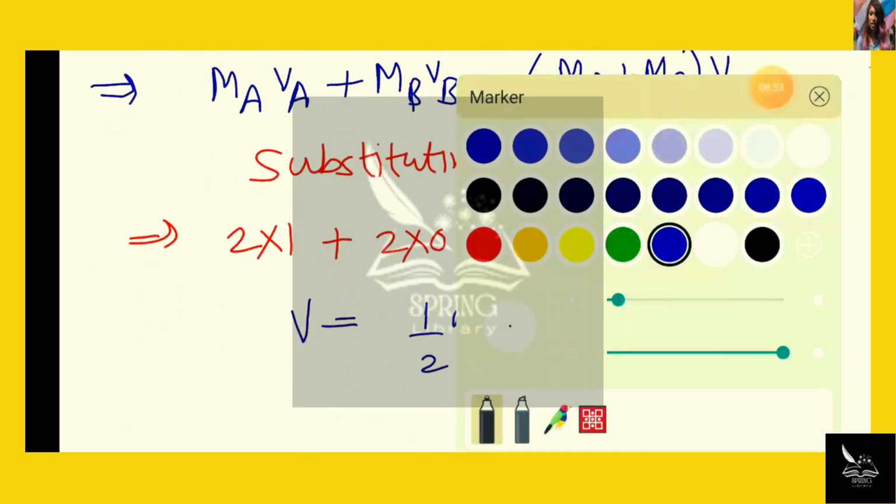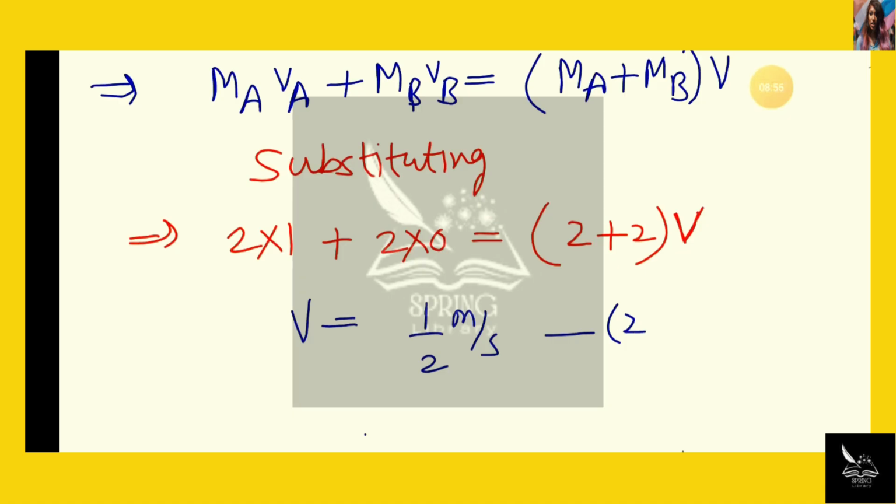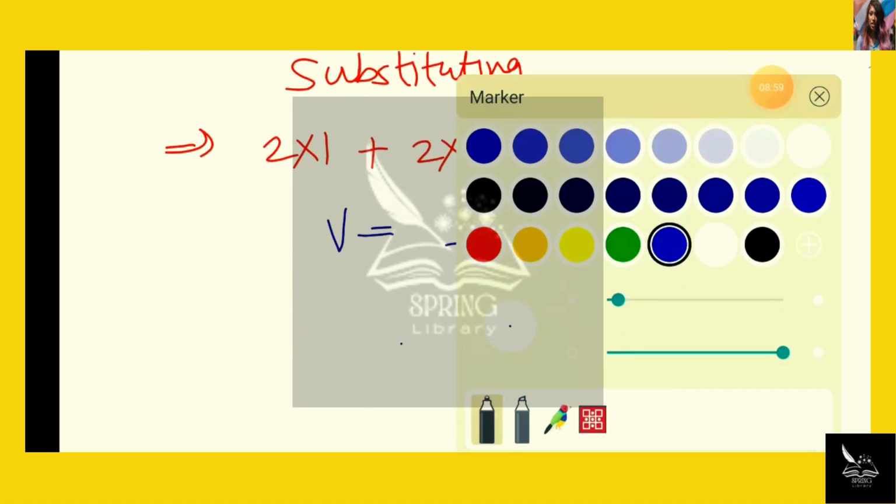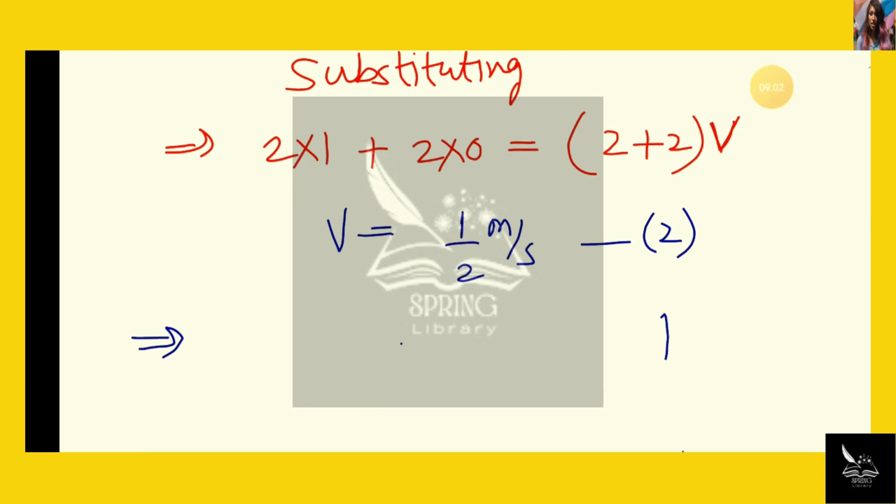So by using equation number 1 and equation number 2, I put the value of V from equation number 2 into equation number 1.